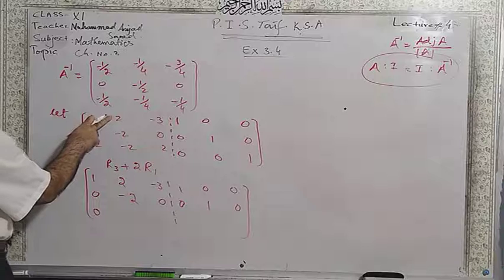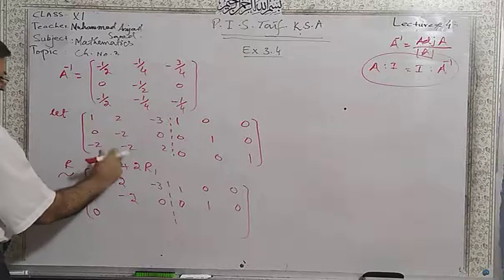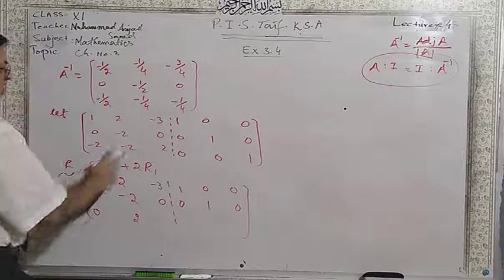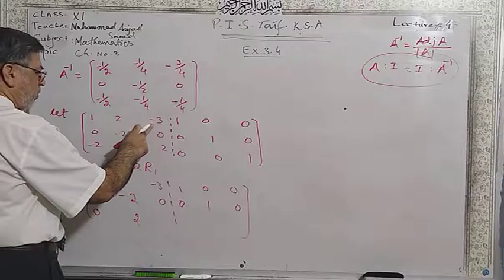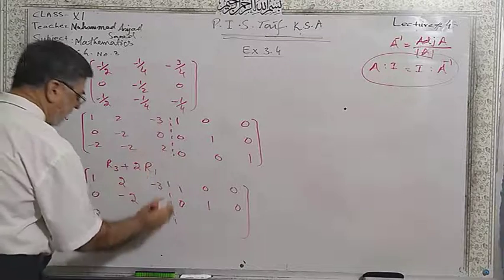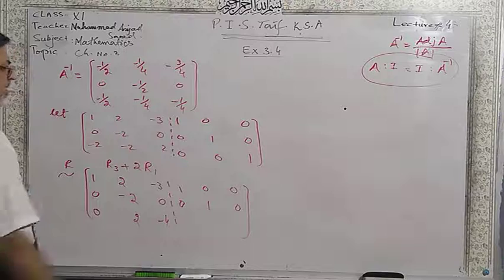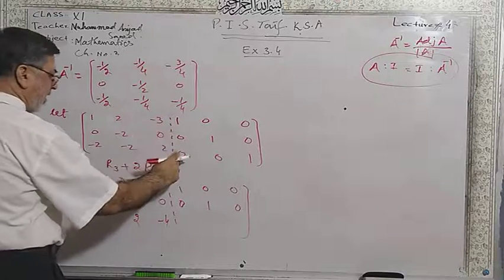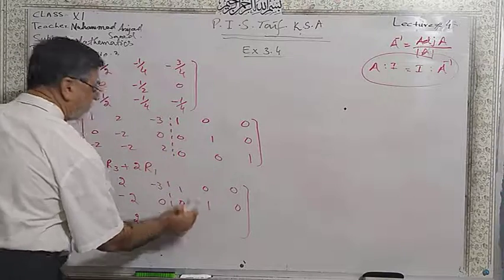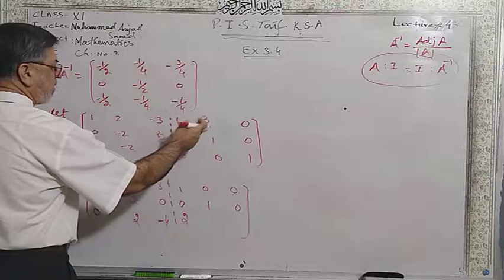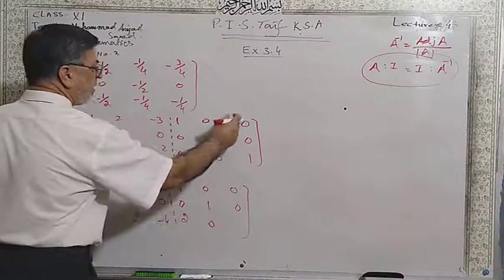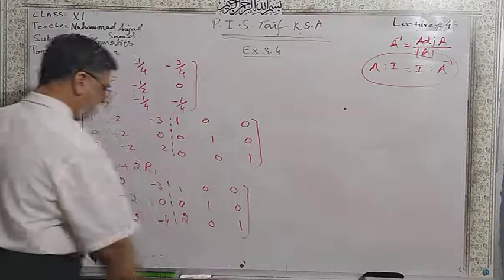Multiply 2 by 2, it will become 4. 4 is added here, it will become 2. Multiply minus 3 by 2, minus 6, and add here, it will become minus 4. Multiply 1 by 2 and add here, it will become 2. And multiply 0 with 2, no change.